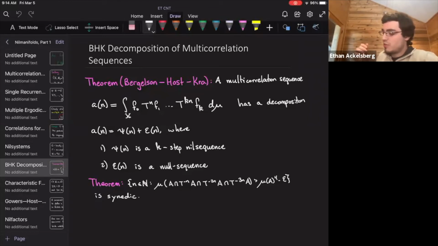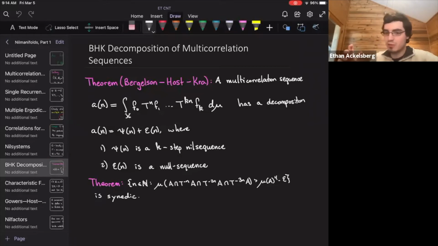Okay, what's the easiest case for proving this theorem? Take a weakly mixing system, and then the limit of the measures of these sets is going to be exactly mu of A to the 4th. And so immediately we get that this set is syndetic.